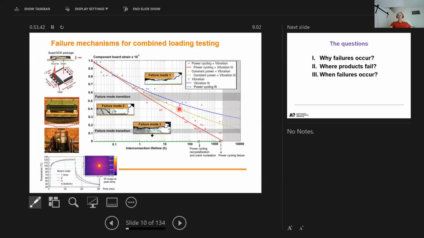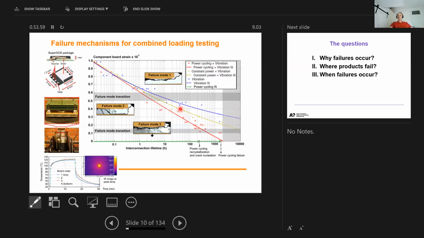But if we start cycling, so we put the power on and let it cool down, then if one considers only the effect of temperature, one might think that we should have better reliability when the temperature is not on all the time.